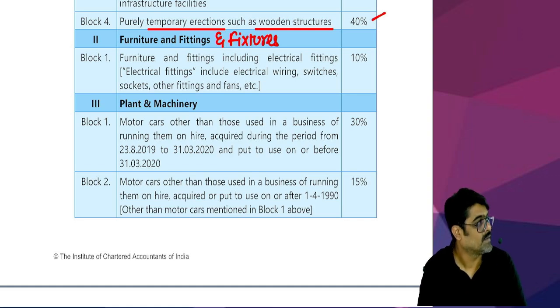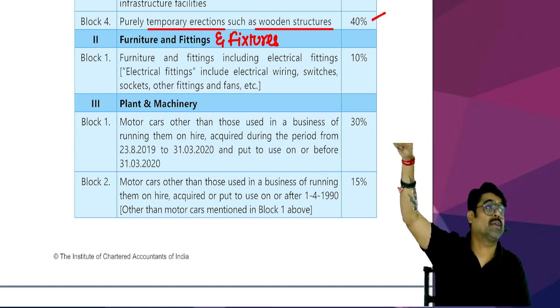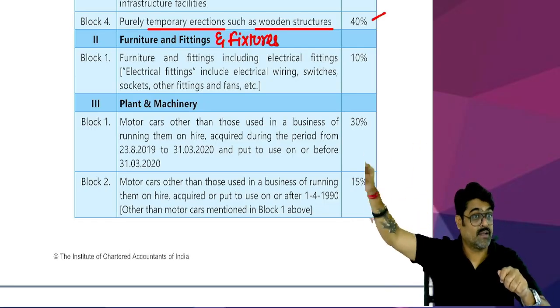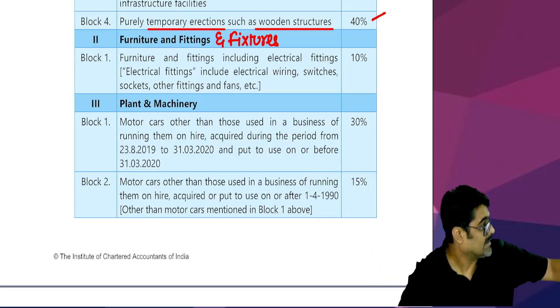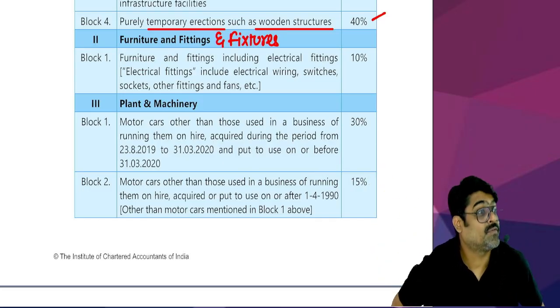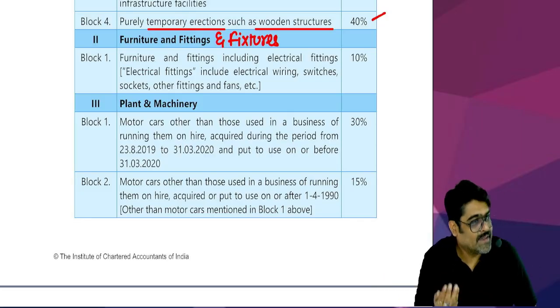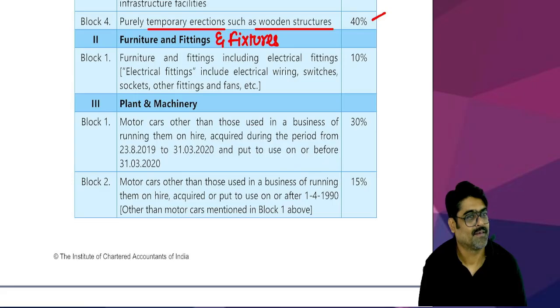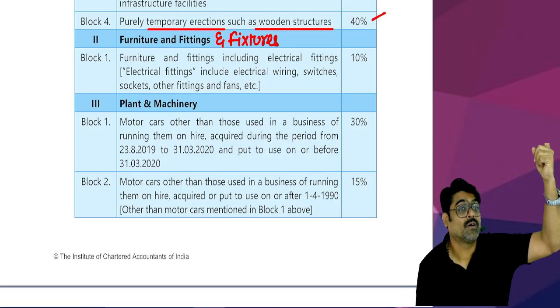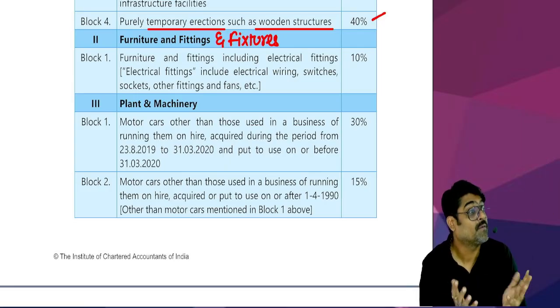Can you see the wirings, wires, cables, and the switchboards, etc.? Those are fittings. Even they will be covered under this block only. Switchboard, internal wiring and all, yes or no? All those things are fittings.